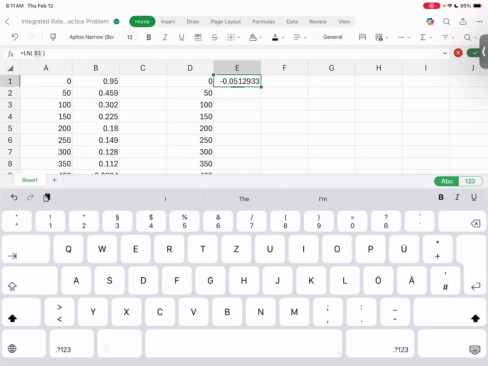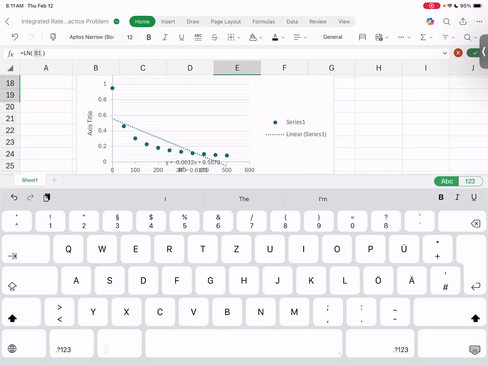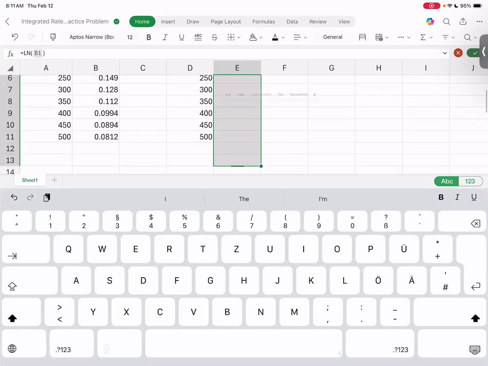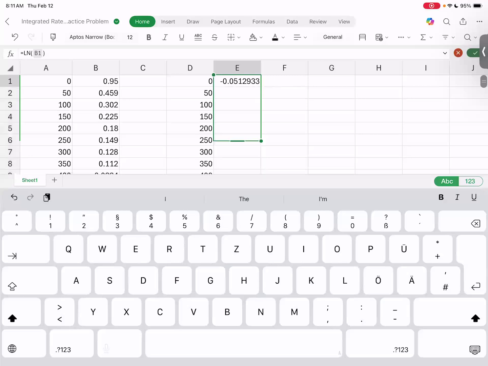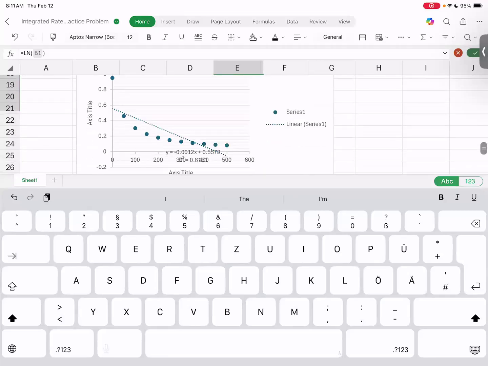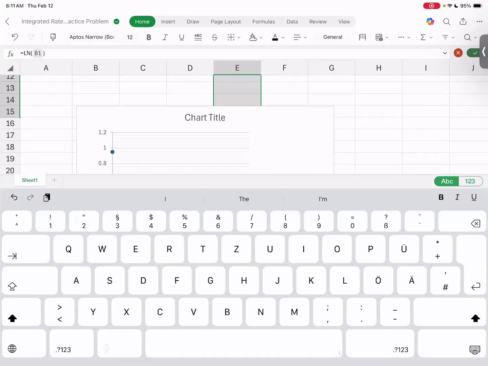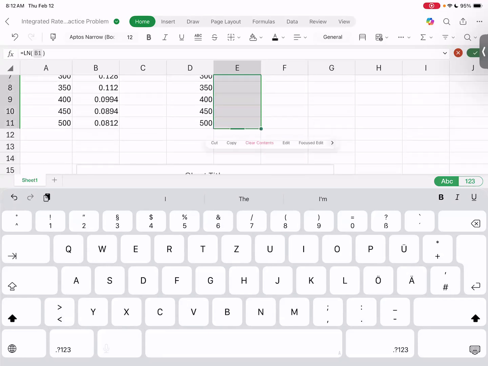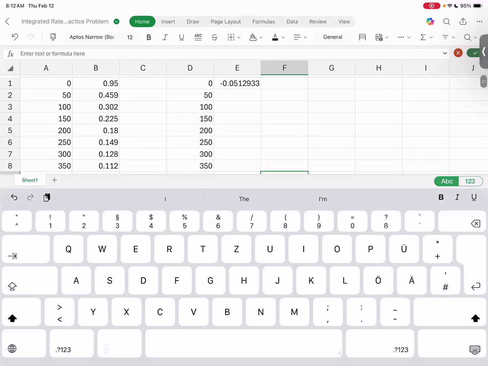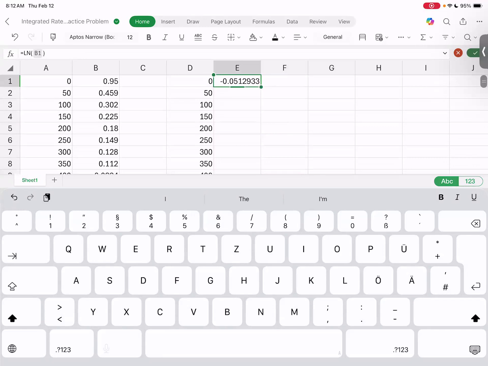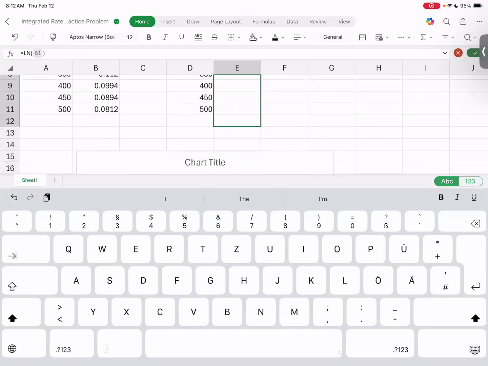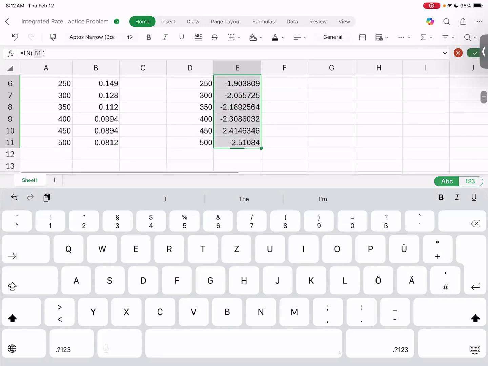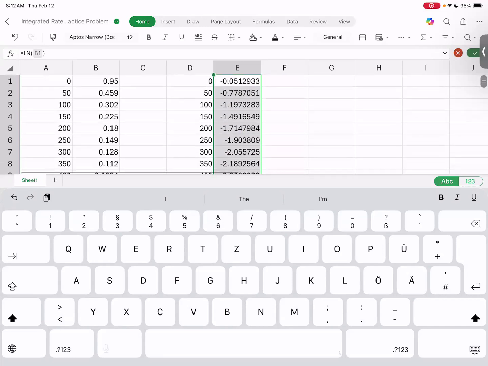When you do get the natural log, it is always a negative value, so don't freak out. There we go. And we're going to graph that.